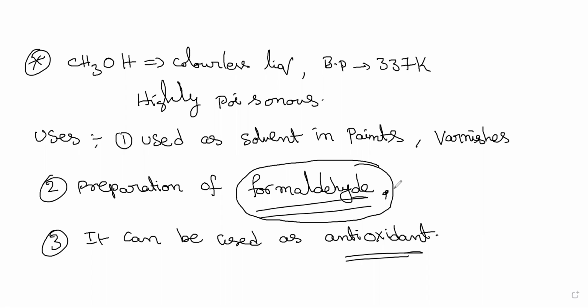But the red ants will have this formic acid within their body. So when the ant bites, we get a lot of pain because of this reason. Around our place, we find these fire ants, right? Red color ants, somewhat bigger ants.